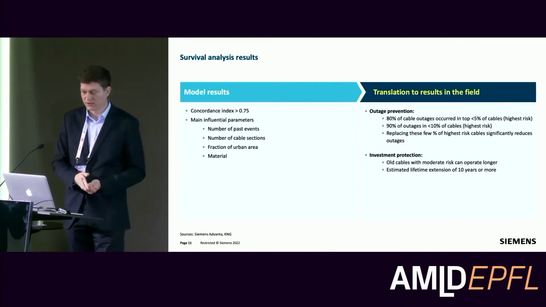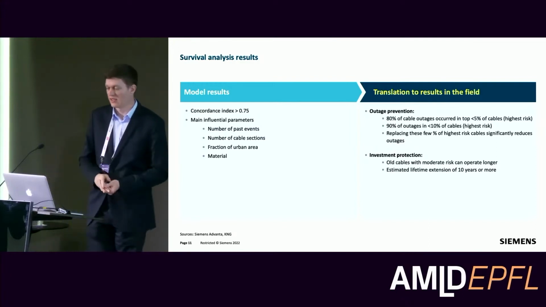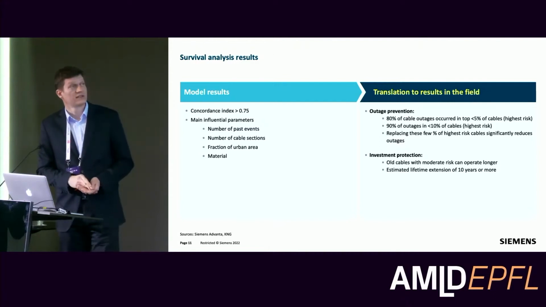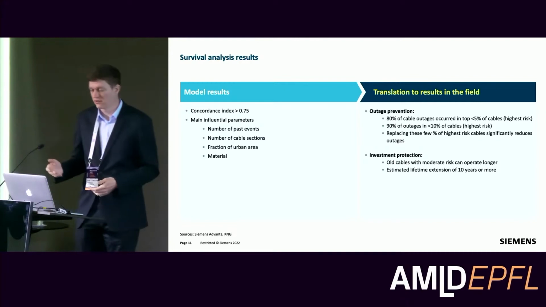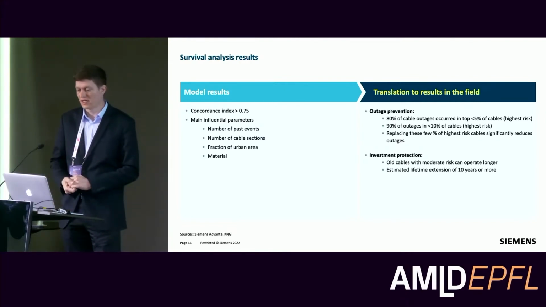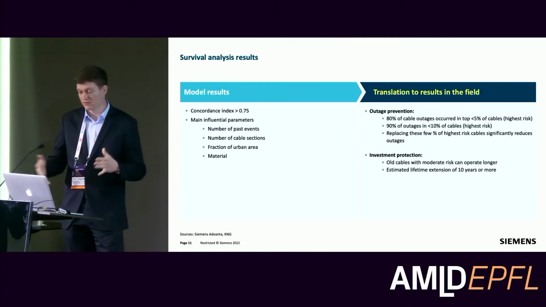Then the cable material was very important, and we translate this to the results in the field that we saw in the year after deploying the solution: 80% of the outages were within the top 200 cables that were at highest risk, and 90% were in the top 400.